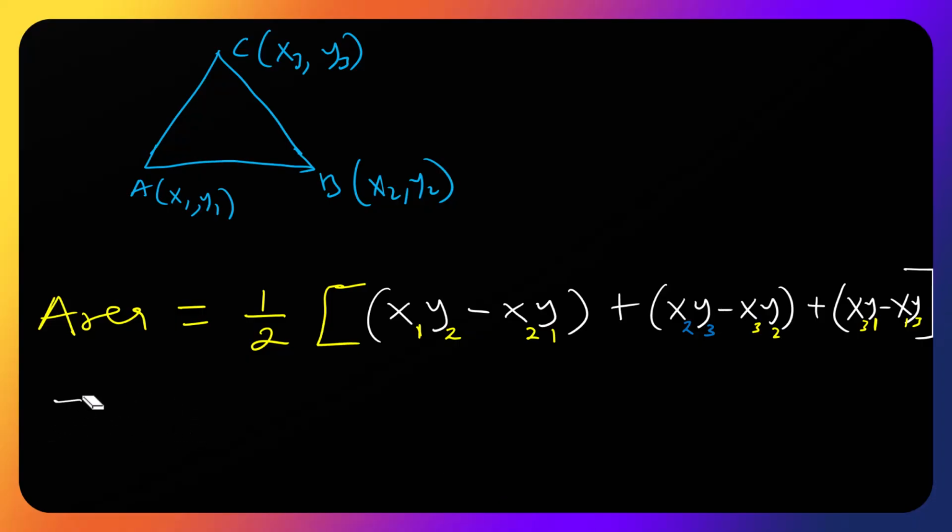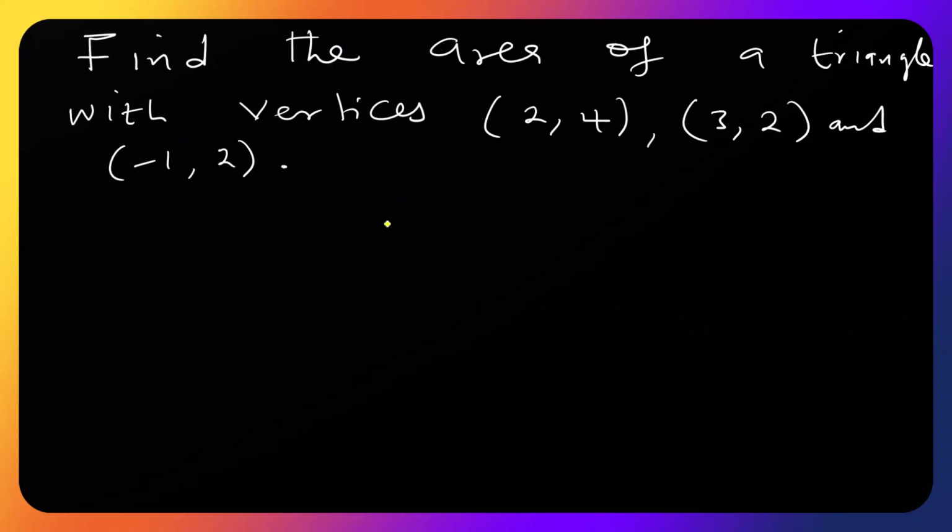So let's solve examples. The first example: we are to find the area of a triangle with vertices 2, 4, 3, 2, and minus 1, 2. Remember, if you are to sketch, we have this triangle.